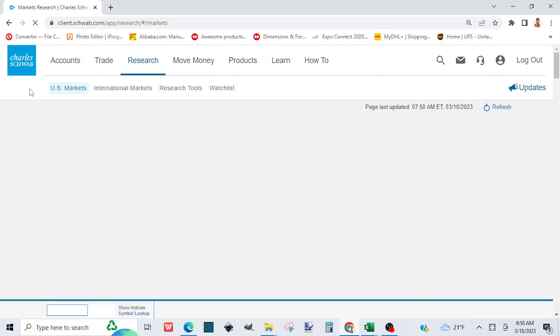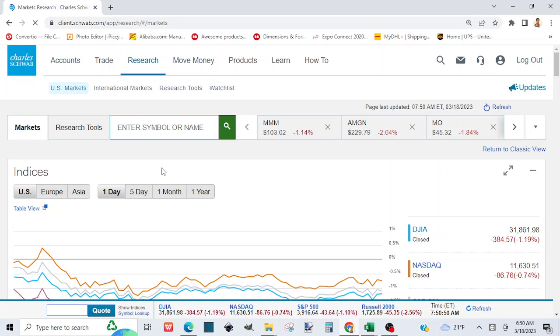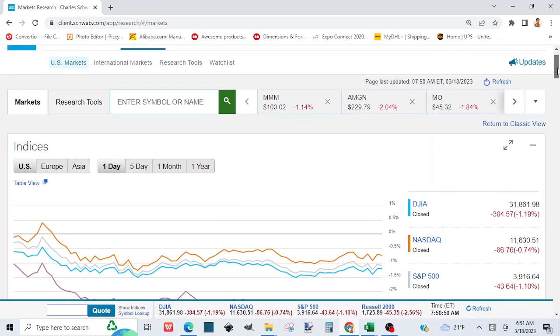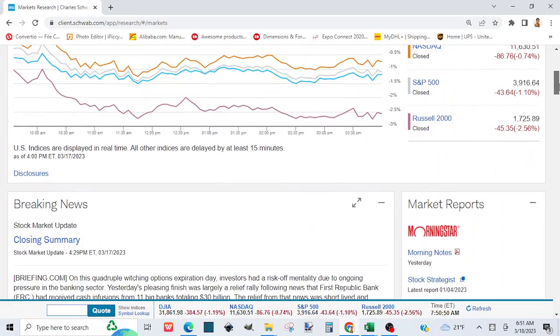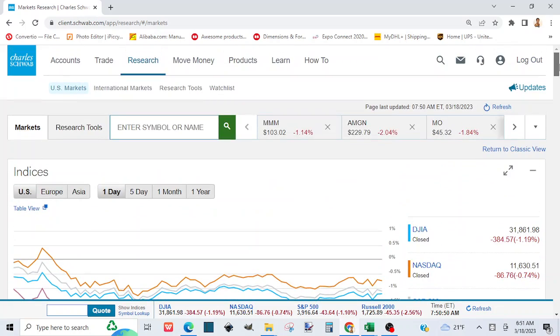And under US markets, I don't know if you'll have classic view or the current view they have or not, but if you have the option for classic view, you click on classic view.